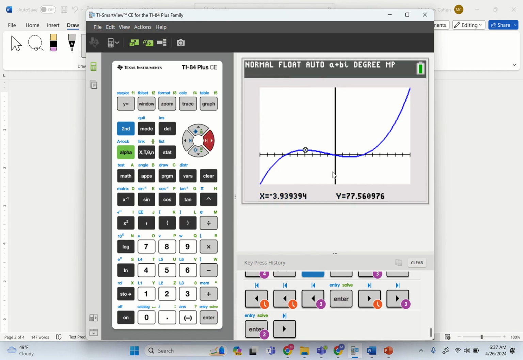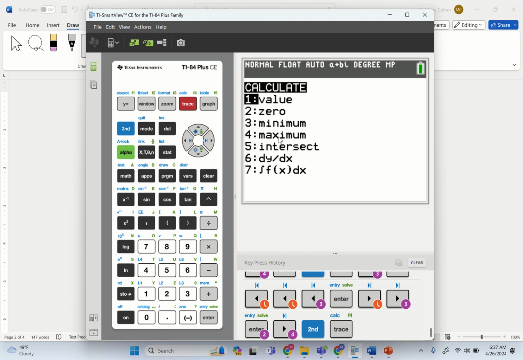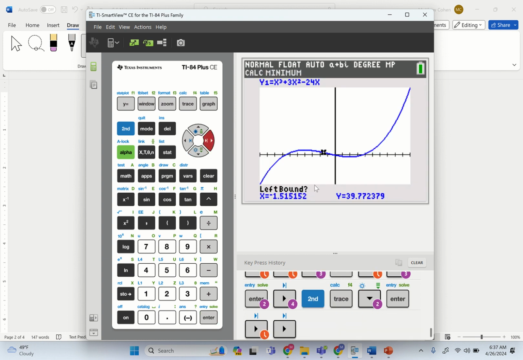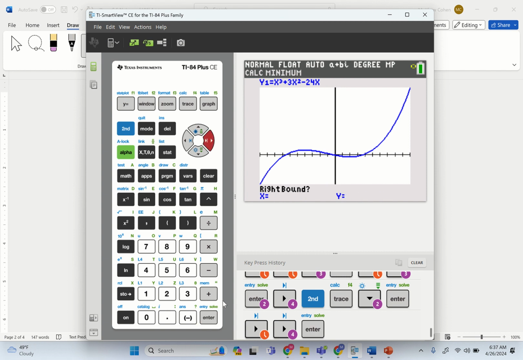And then we know that there's a minimum, because it's a valley, right around here. So to find the minimum, I'm going to do the same thing, except I'm going to go second trace, and then choose minimum. It's asking for the left bound. I'm going to go to the left of the valley, hit enter. I'm going to go to the right of the valley and hit enter.